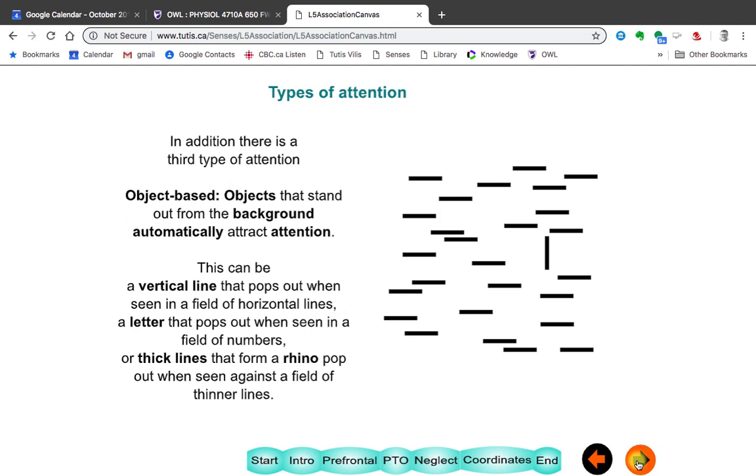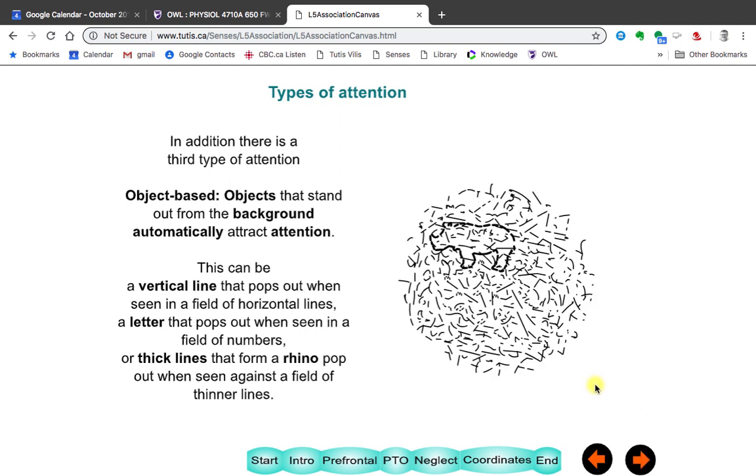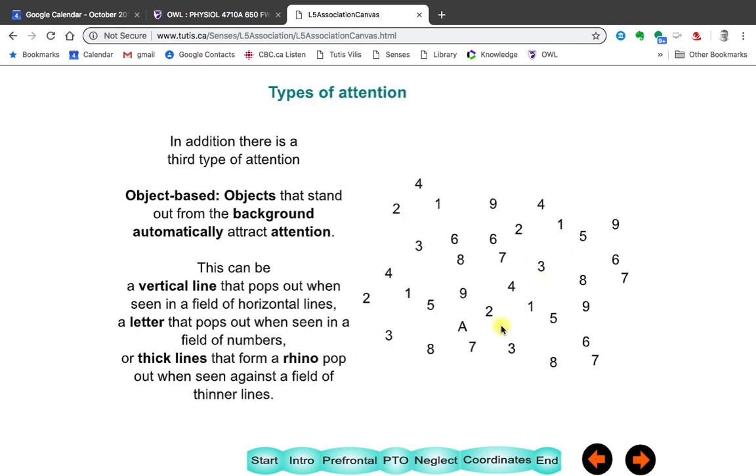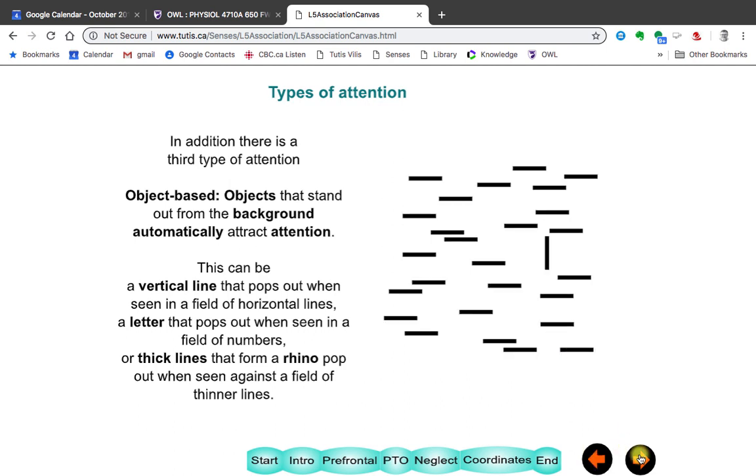In addition, there's a third type, which can be object-based. So here, an object appears. You can clearly see it. Here, a line stands out. Here, you can see a letter stand out. So these are different objects, and they stand out from other objects.